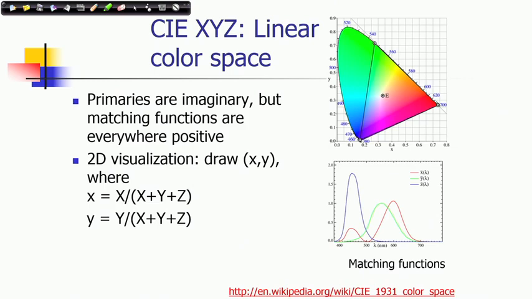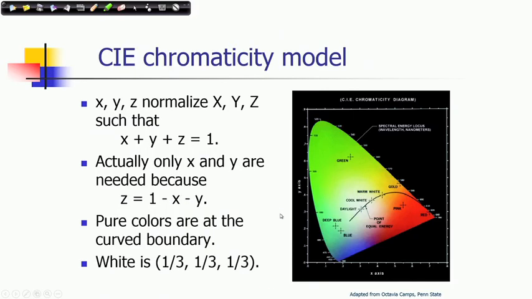This space is called the CIE xy chromatic space, because the intensity information is missing here. We are only interested in the relative representation of two components, which is sufficient to identify a color uniquely in this particular space. So, this is a normalized representation.